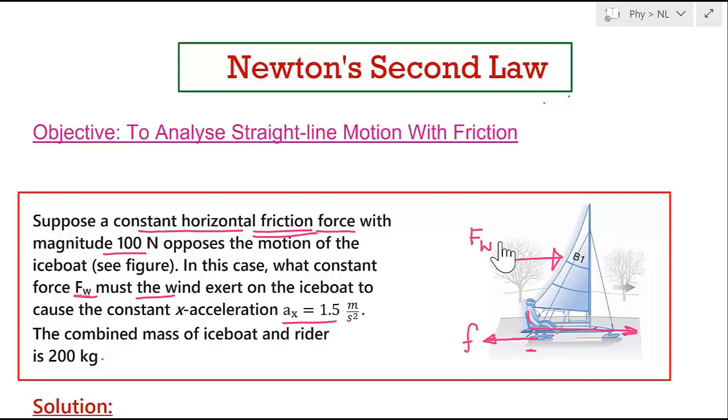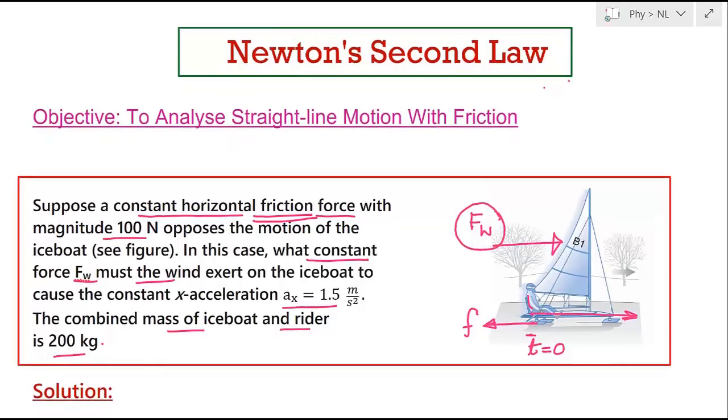At t equal to 0, this ice boat just starts its motion, that is initial velocity is 0, and after a certain point of time it gains an acceleration and the value of acceleration is given, that is 1.5 meter per second square. So we have to find the magnitude of the wind force, and this is a constant magnitude. So this is a constant wind force. The combined mass of ice boat and rider is given and this is 200 kg.